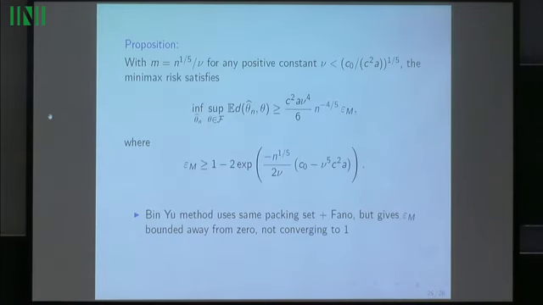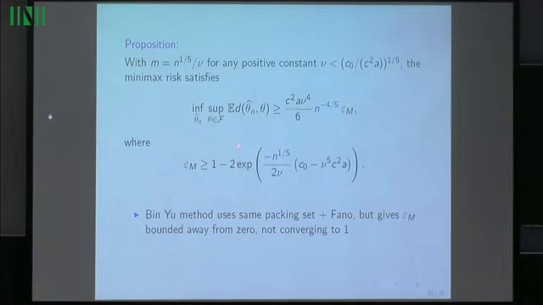So you plug in all this, so you take m equals n to the 1/5, and what you get is that your minimax risk for this density estimation problem falls as n to the minus 4/5 times some constant times epsilon_m, and now our epsilon_m is 1 minus 2 to this exponential quantity. This exponent goes to 0 as minus n to the 1/5.